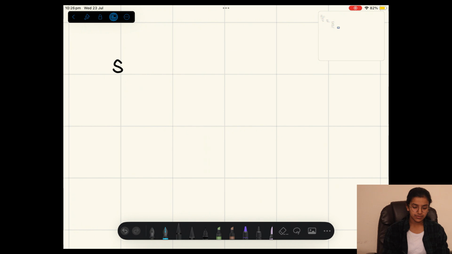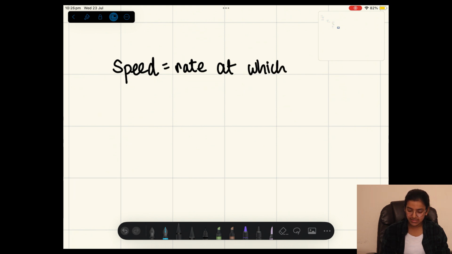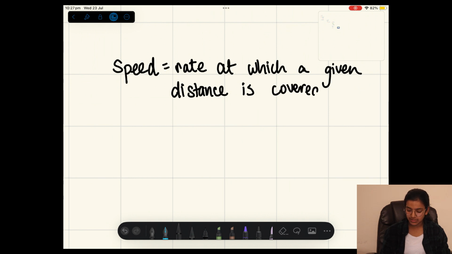Now speed is a word that we often use in our daily lives. So what exactly does speed mean? Speed is nothing but the rate at which a given distance is covered. Okay? A fairly simple definition.